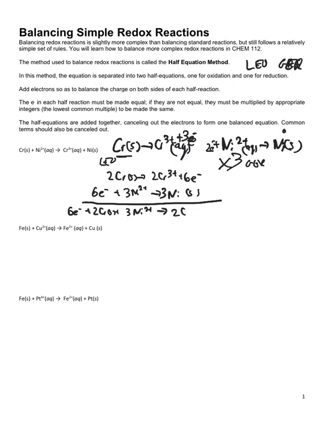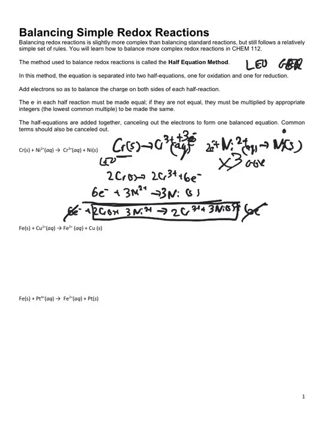And I'm going to have 2 chromium 3+ plus 3 nickel solid plus 6 electrons on the product side. So algebraically, I've got the same thing on both sides of the equation, and I've got 6 electrons on both sides, so they cancel out. And so that leaves me with my overall reaction: 2 chromium solid plus 3 nickel 2+ react to make 2 chromium 3+ plus 3 nickel solid.